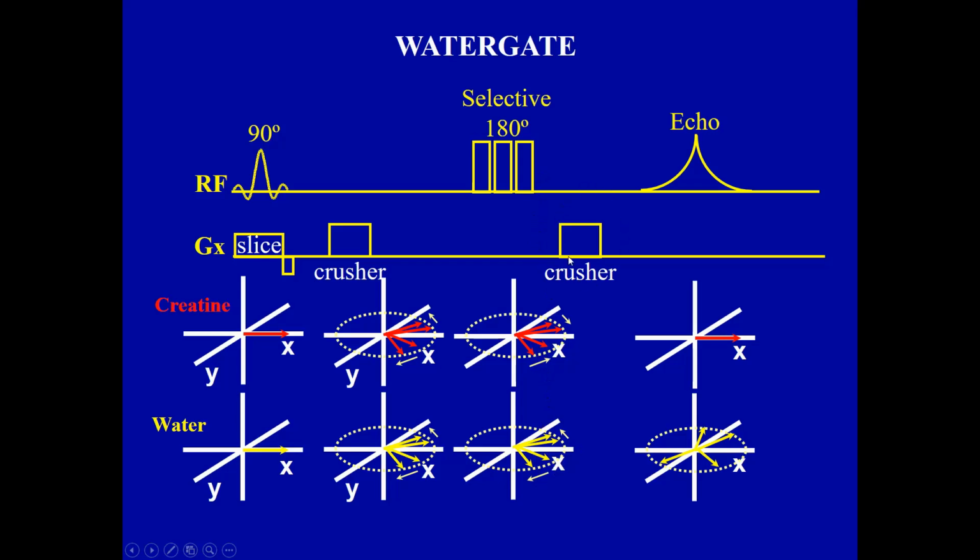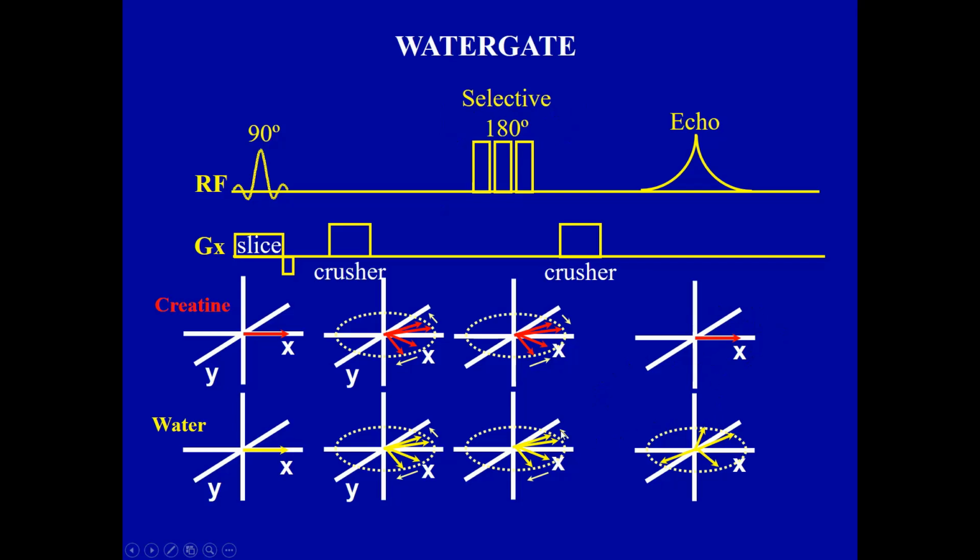Then we apply another crusher gradient, identical to the first one. And then after this, the second half of an echo time, we want this echo delay to match this echo delay. That means that we have a spin echo. But we only have a spin echo for magnetization that has seen the 180-degree pulse. So creatine sees the spin echo and it refocuses.